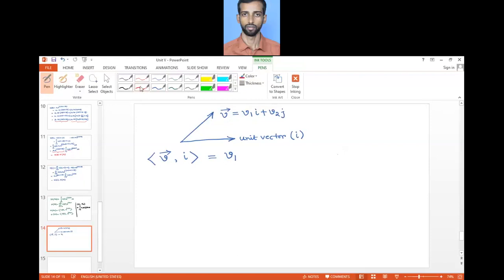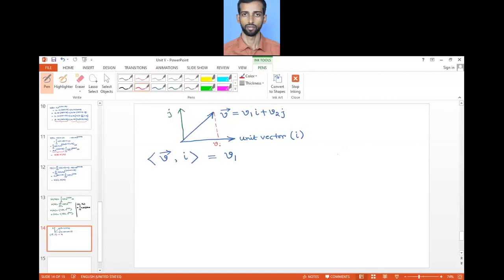Now if you just try to visualize, if this is my vector, and let us assume that we have another unit vector over there. This is the second unit vector, this is the j. And then what is the physical significance of this v1 and v2? So v1 is basically this particular projection, the component of this.